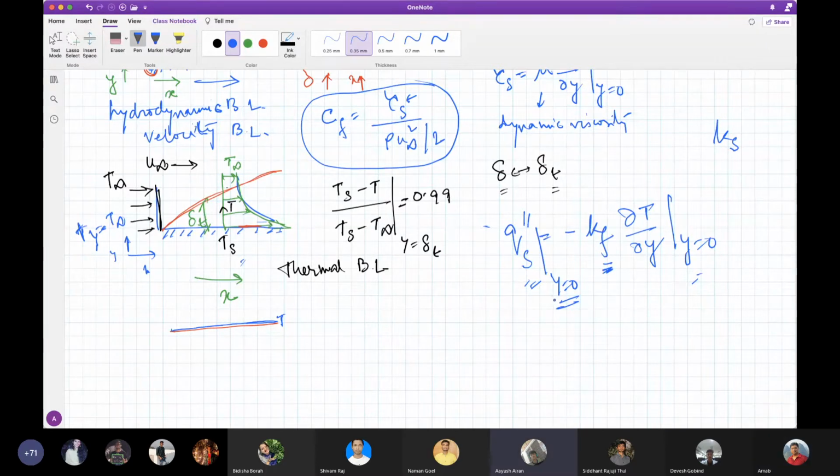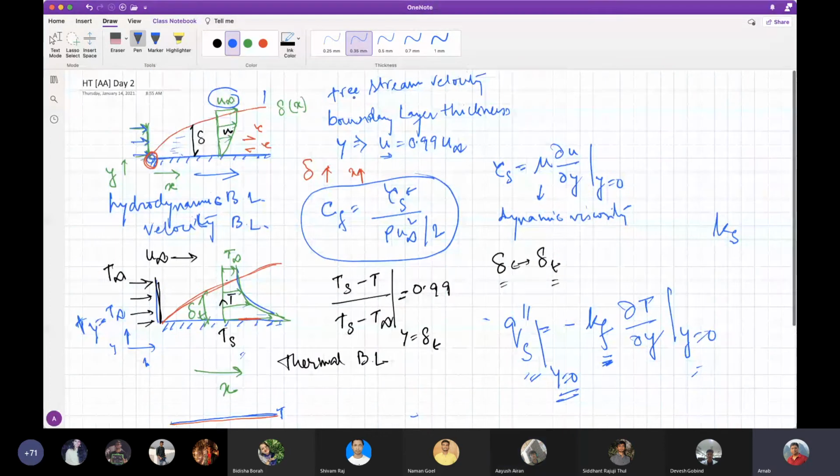Sir, I have one doubt. If we consider two consecutive layers in the fluid flow, then the velocity of layer 1 relative to layer 2 is approximately 0. So can we apply this law between two adjacent layers also? No, there will be a velocity gradient.